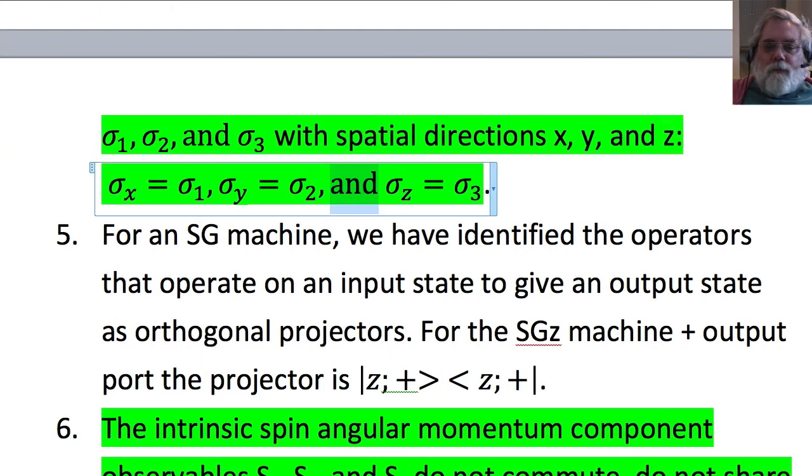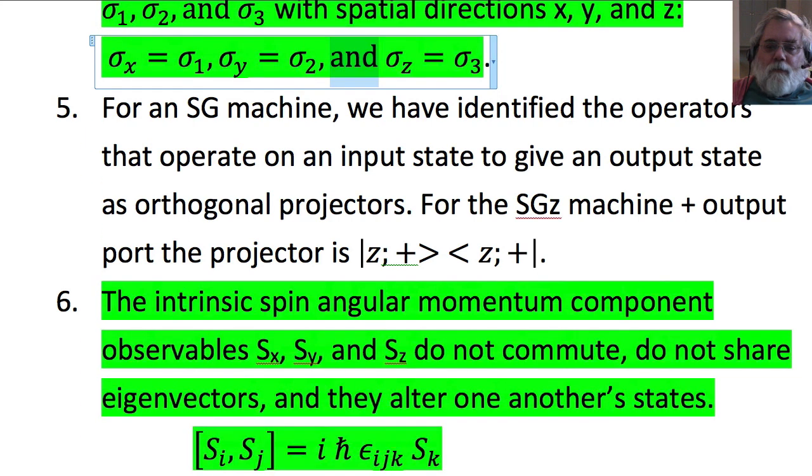For an SG machine, we have identified the operators that operate on an input state to give an output state as orthogonal projectors. For the SGZ machine plus output port, the projector is ket Z plus, bra Z plus, which is a 2x2 matrix, a 2x2 Hermitian matrix, and so an observable.